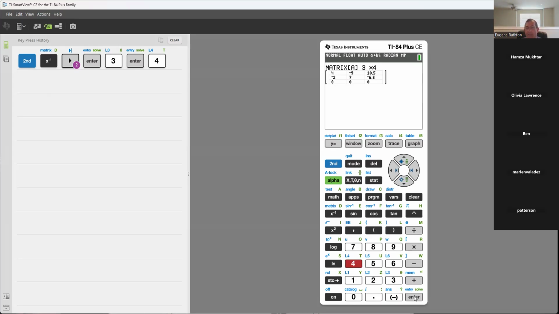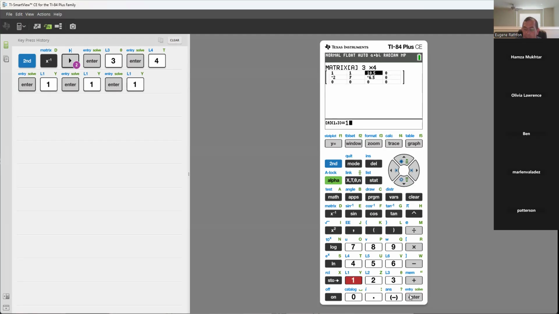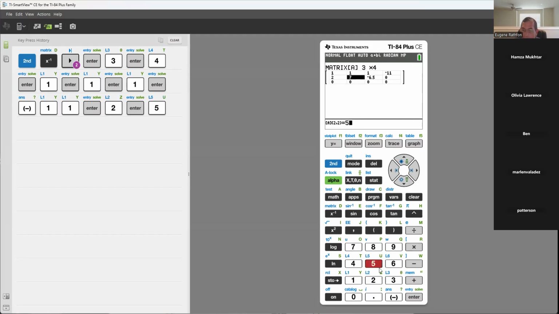So watch now, when I hit 3 by 4 and enter, it gives me 12 spaces. So I had 1X, 1Y, 1Z equaled negative 11. And enter. Second row, I had 2X's, 5Y, 2Z, and that one equaled a negative 37.